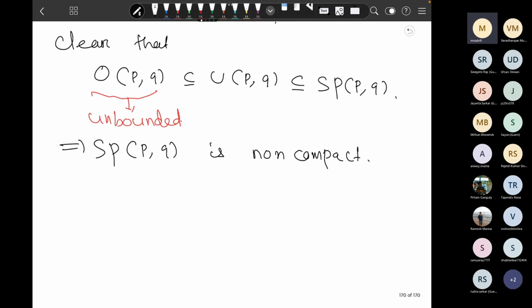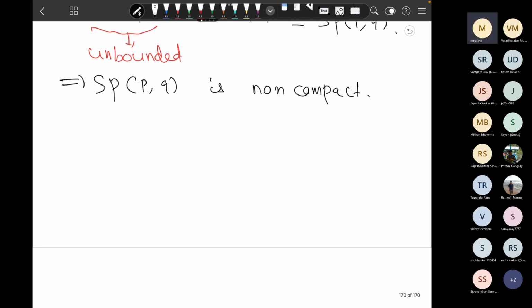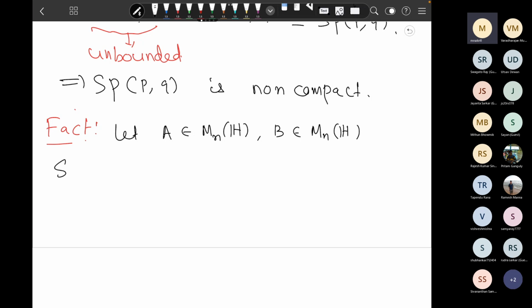So you have to really show this claim. Before that, let us use something like this. Let A belong to M_n(H) and B belong to M_n(H). Suppose AB is equal to identity. Can I say that AB is equal to BA is equal to identity?